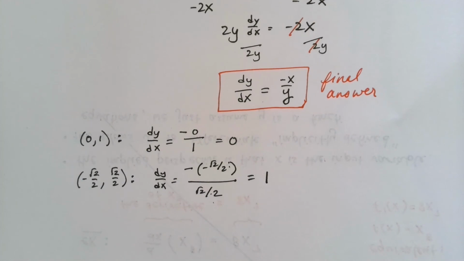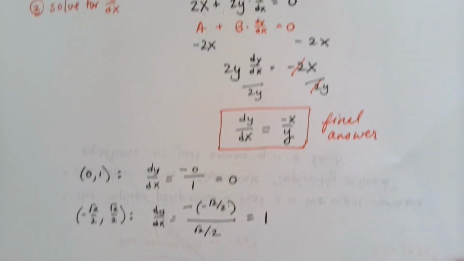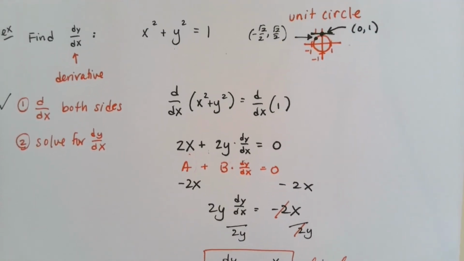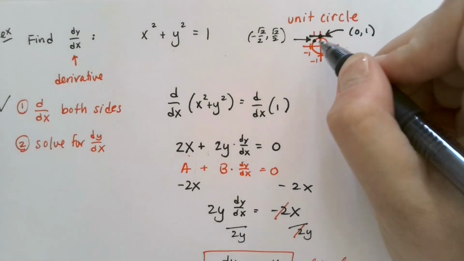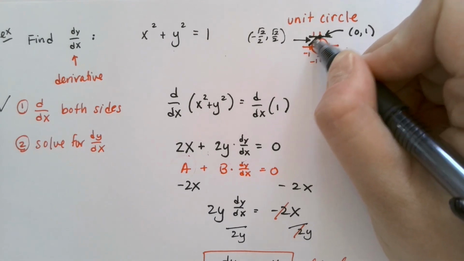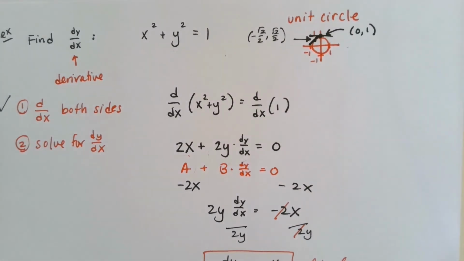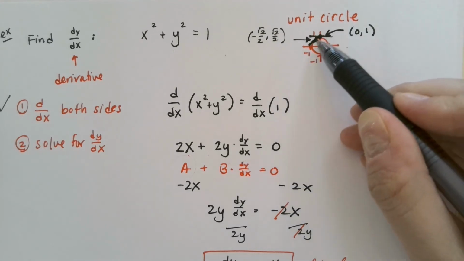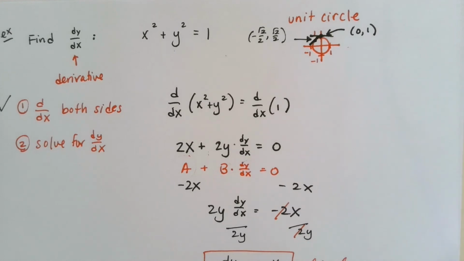So it simplifies to just 1, which still checks out with the picture. If we come back up here, if I was going to draw a tangent line, squeeze it in here, it would have that tilt. And the slope of that line really does look like it could be about 1, right? It's positive, but it's not too steep. That actually makes complete sense as the value of that derivative.